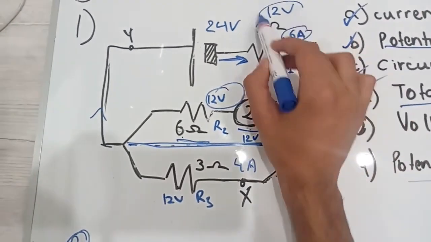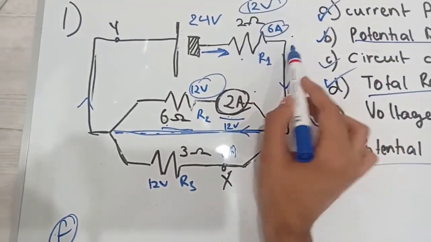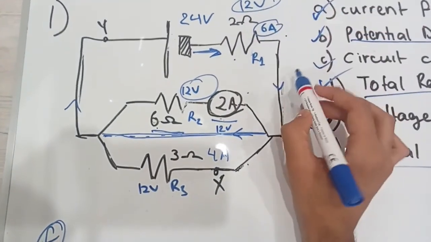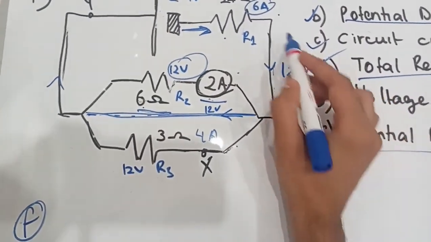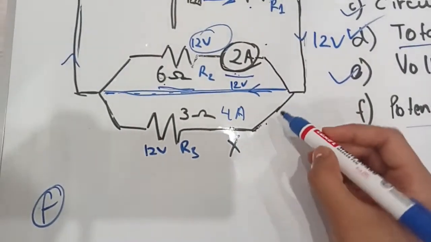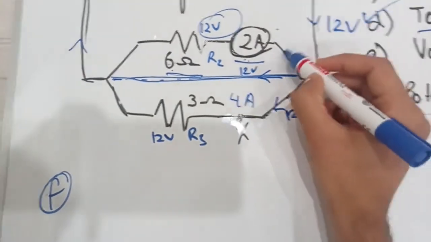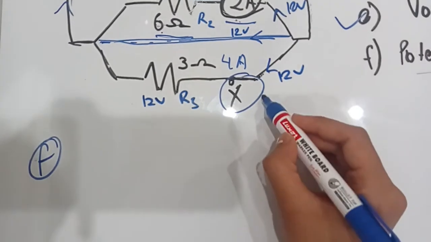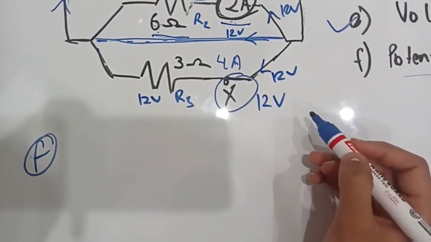Now this resistor takes up 12 volts, right? So after 12 volts are used here, we have 12 volts going through here. Now we know that voltage doesn't split in parallel, so we're going to have 12 volts going here and 12 volts going here. So at X, we're going to have 12 volts.